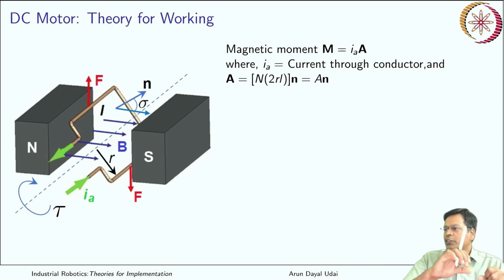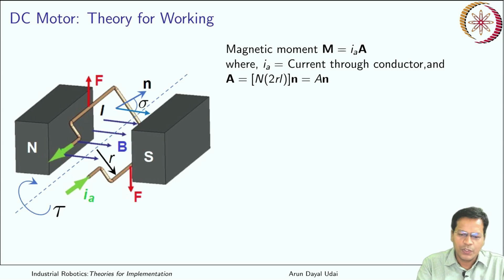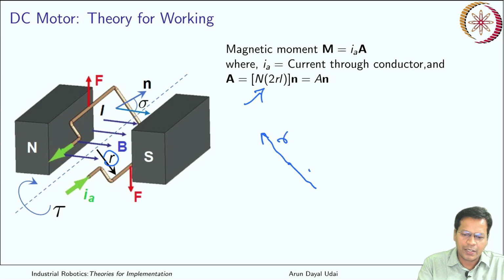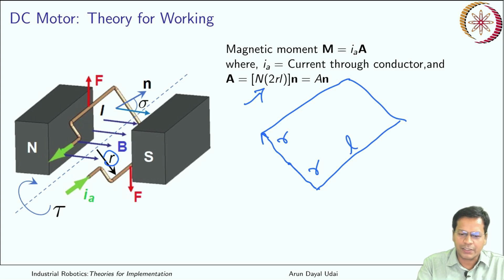You may have a bunch of wires that make N number of conductors taking this current through this loop. So this is N over here. 2r is the diameter: this is the radius r, and it has another r. This is your L, the length of this conductor. So 2rL effectively gives you the area which is here.